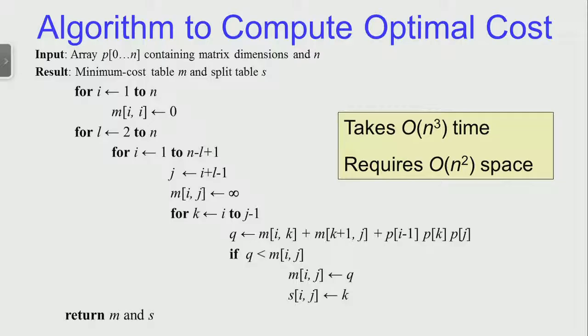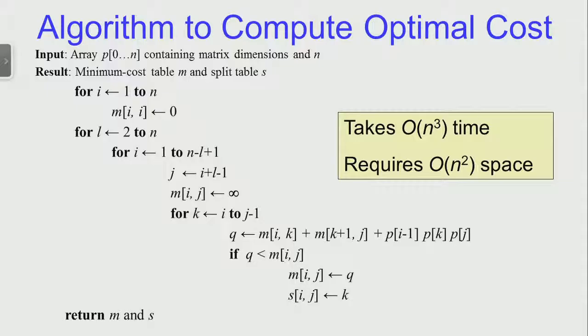The if statement updates the value of m of i comma j if the value of q is smaller, and it also updates the value of the split entry if the value of q is smaller than the current value of m of i comma j.